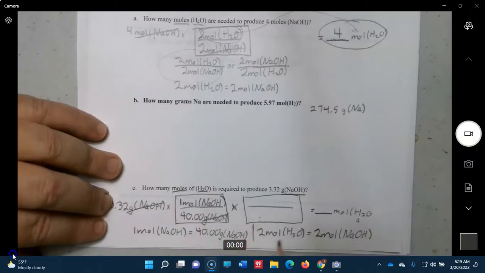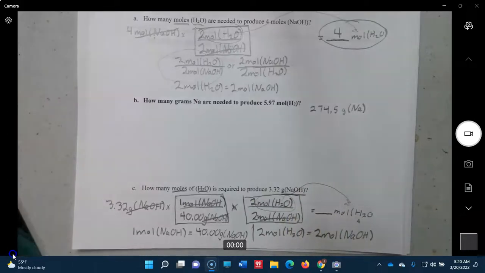That's moles of NaOH, moles of NaOH. Last man standing is moles of H2O. There it is. So it's going to be 3.2 times 1 times 2 divided by 40 divided by 2.